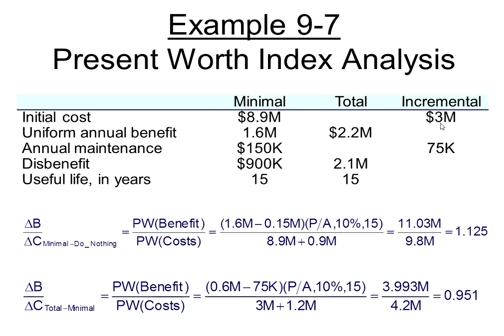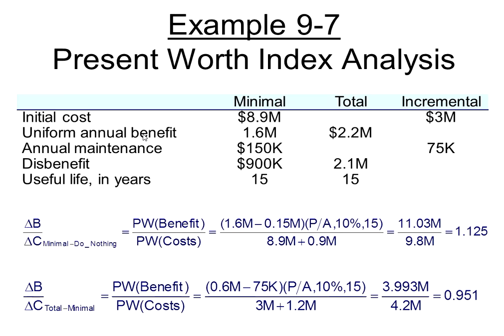We're looking at incremental, so 3 million here, and then the difference between these two, 2.1 minus 0.9 million, is 1.2 million. So this 1.2 million comes from subtracting minimal from total for this benefit. So that goes at the bottom as a cost.